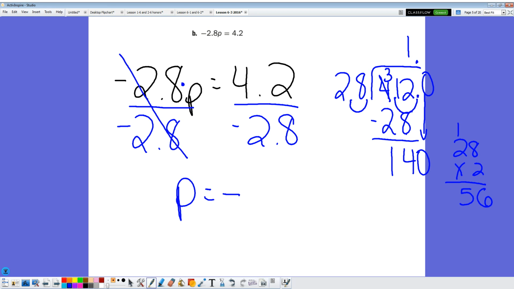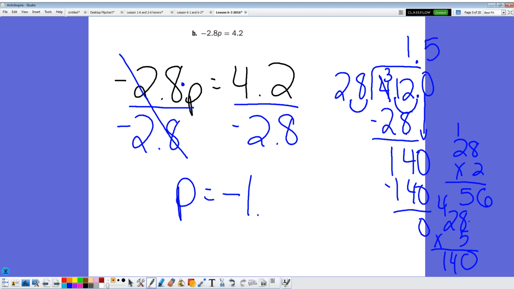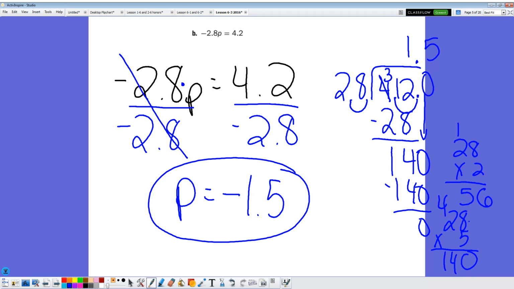Now I need to know how many times does 28 go into 140. So let's try 5 because I know it ends in a 0. 5 times 8 would be 40. 5 times 2 is 10, 11, 12, 13, 14. That happened to work out really nice. So it's 1.5. So my solution is p equals negative 1.5 or negative 1 1/2.